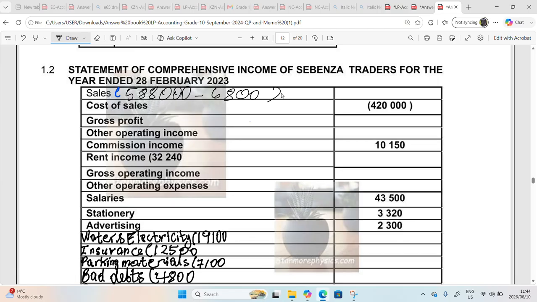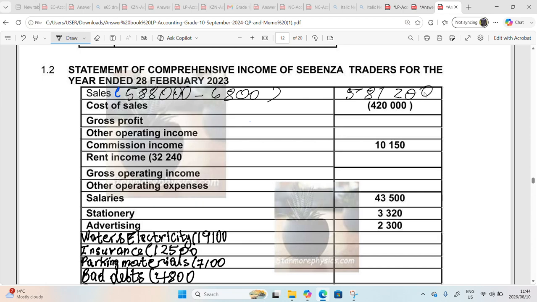Then you go and add on your sales. What else? If we have additional returns, a customer who's returning goods, that will reduce sales, and returns, remember, they also affect cost of sales, right? So for now, we are just going to minus.